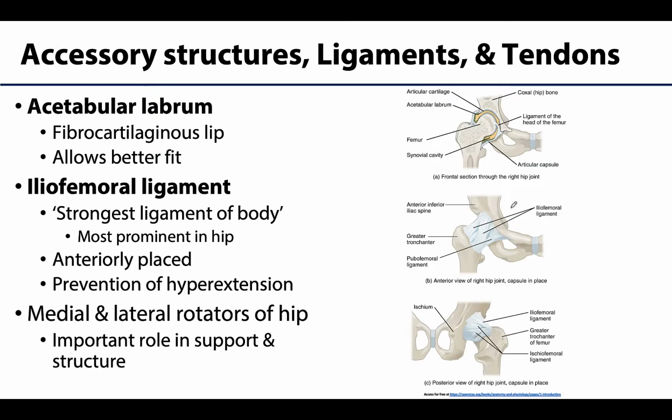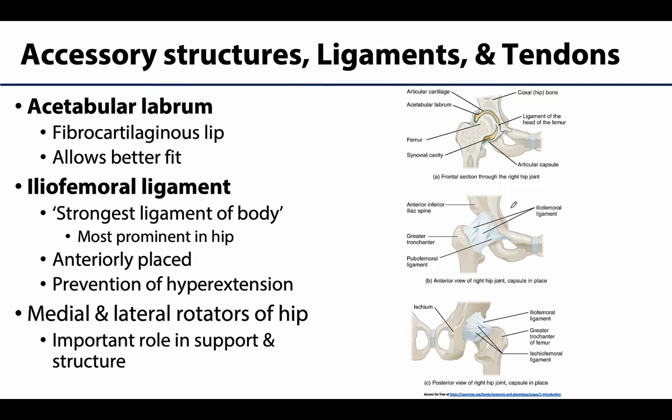There are so many accessory structures associated with the hip joint. We could spend half of your curriculum here, but alas, we cannot. So I'm going to focus on three representatives in this area that play a major role in stability and protection. The first is the acetabular labrum. And I hope you recall back in our first discussions of synovial joints that labra are associated with ball and socket joints.